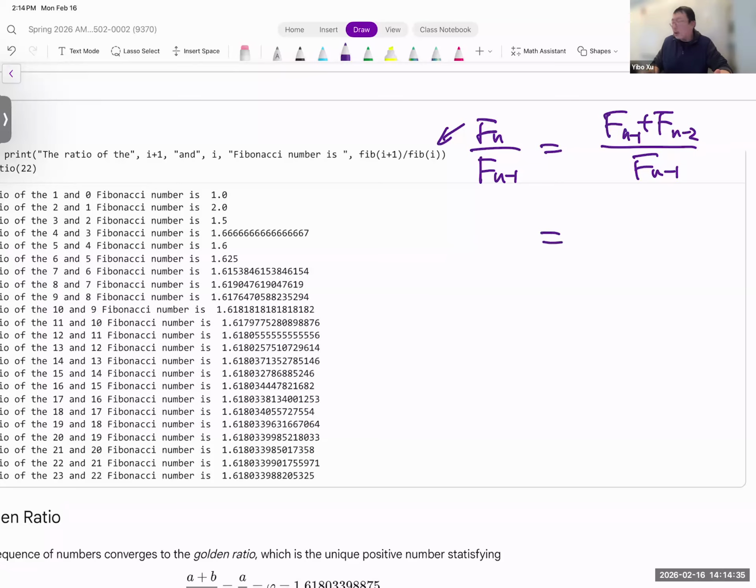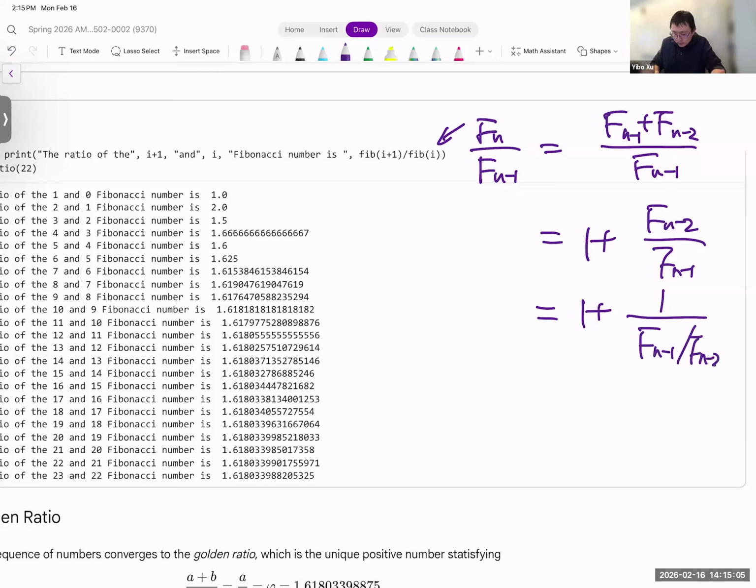Now I notice that f of n minus 1 is in common for the numerator and denominator, so I can split the numerator. So this is 1 plus f of n minus 2 over f of n minus 1. Let me quickly do this. Remember, I can divide both top and bottom by f of n minus 2 so that the denominator becomes the same type of ratio, f of n minus 1 over f of n minus 2.